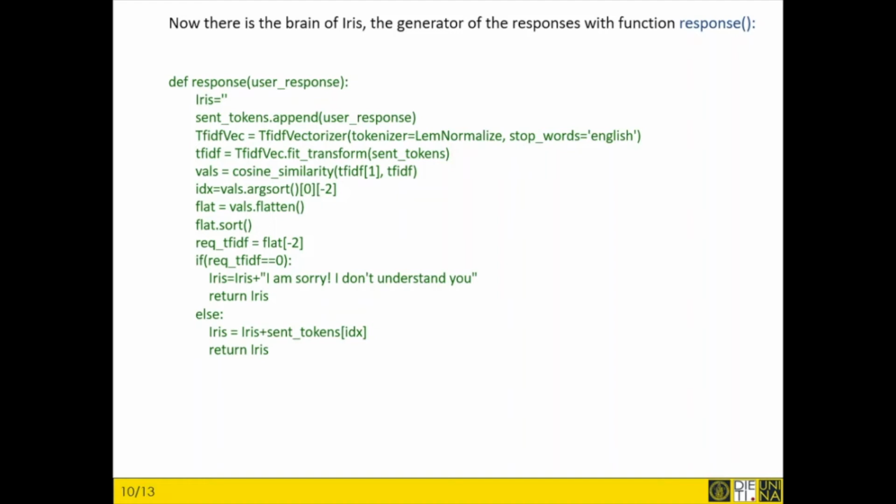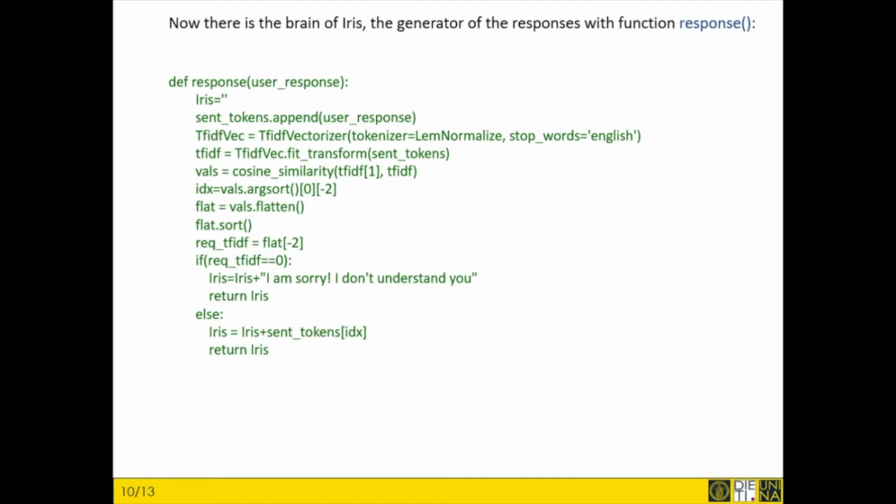We sort the vector in ascending order following the coefficient of similarity. Then we create a one-dimensional array with all the sentences. We sort this array and we save the sentence that has the highest value of similarity coefficient.